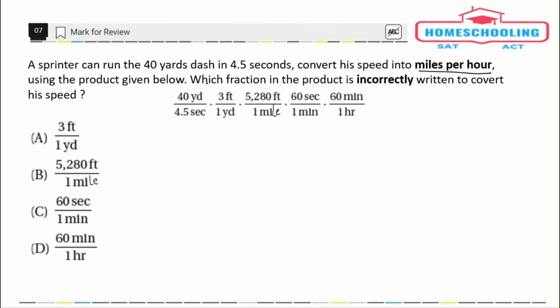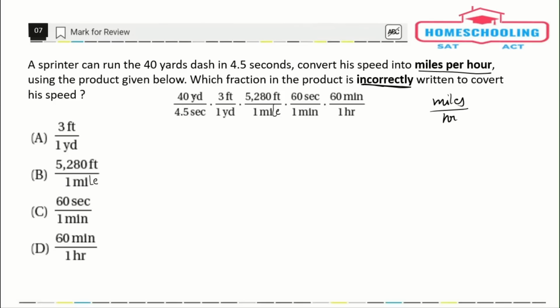Using the given product here, which fraction in the product is incorrectly written? So we have to find out of these 5 products, which one is incorrectly written to convert the speed in miles per hour?